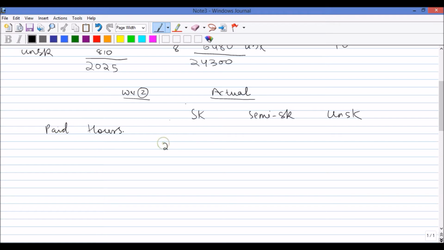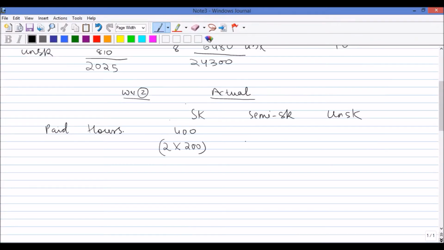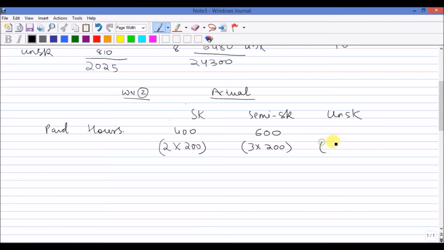There are two workers, each working for 200 hours, so 400 hours. Three workers, each working for 200 hours, so total 600 hours. Five workers, 200 hours, so 1000 hours. Yes, we have done it.